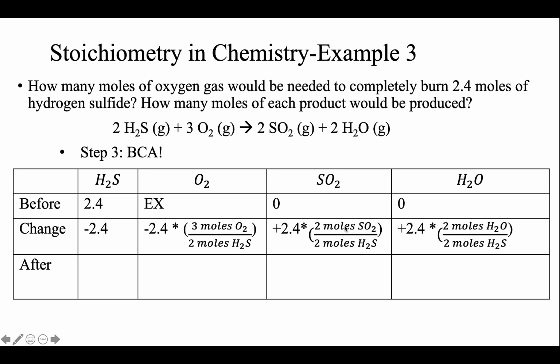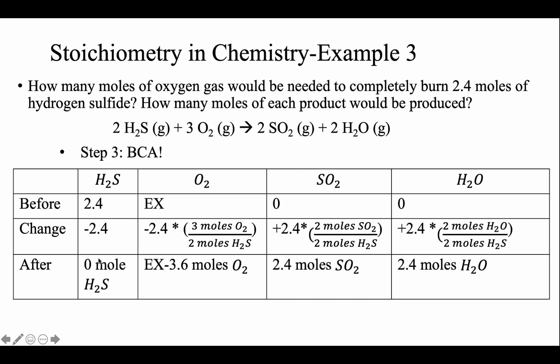And as for products, again, we are going to have 2.4 multiplied by the mole ratio between SO2 and H2S. That should give me 2.4 moles of SO2 produced. And it's the same for water, also 2.4 moles of water being produced.